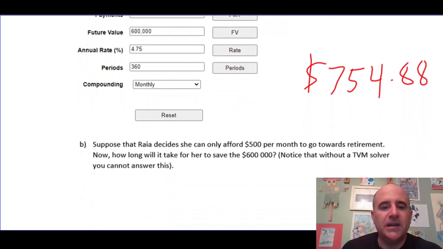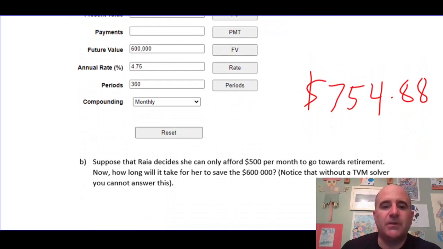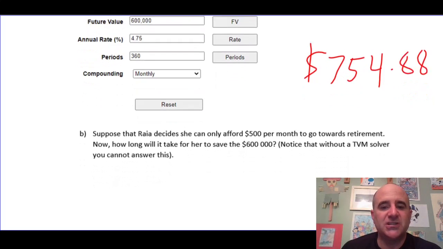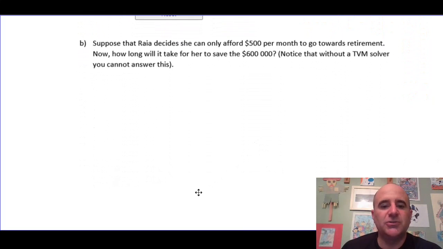Now let's continue with this example. Suppose Rhea decides she can only afford $500 per month. So she's not going to save $754, it's just going to be $500, and she still wants to retire with $600,000. So she's decided that she will just take a longer time to reach her goal.